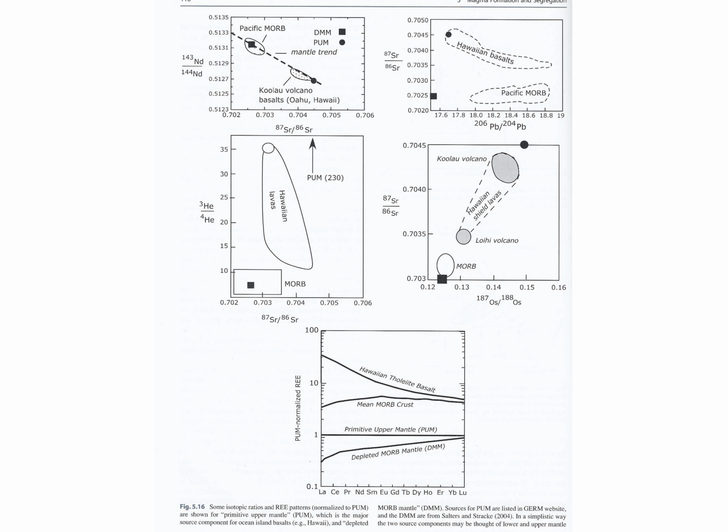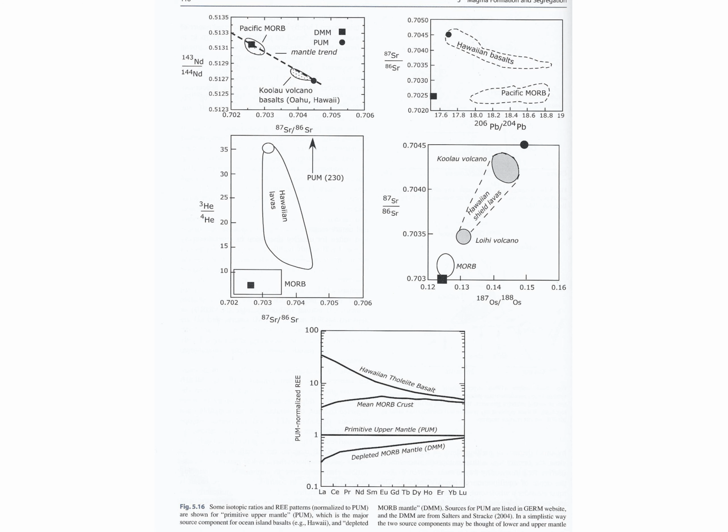The same we have here with the helium isotopes plotted against the strontium isotopes, here for the Hawaiian lavas. Here the primitive upper mantle goes up, and here we have the field of the MORBs. And then on the right side we have the strontium isotopes plotted versus the osmium isotopes.